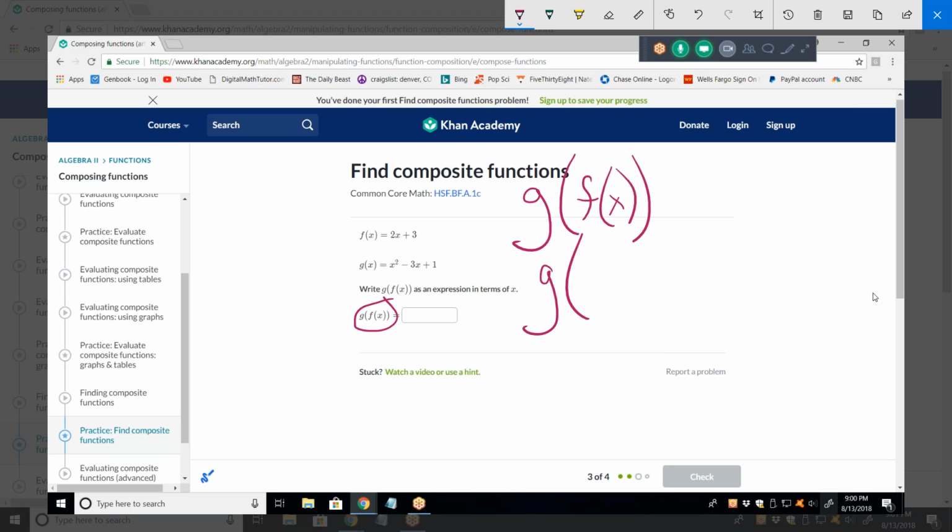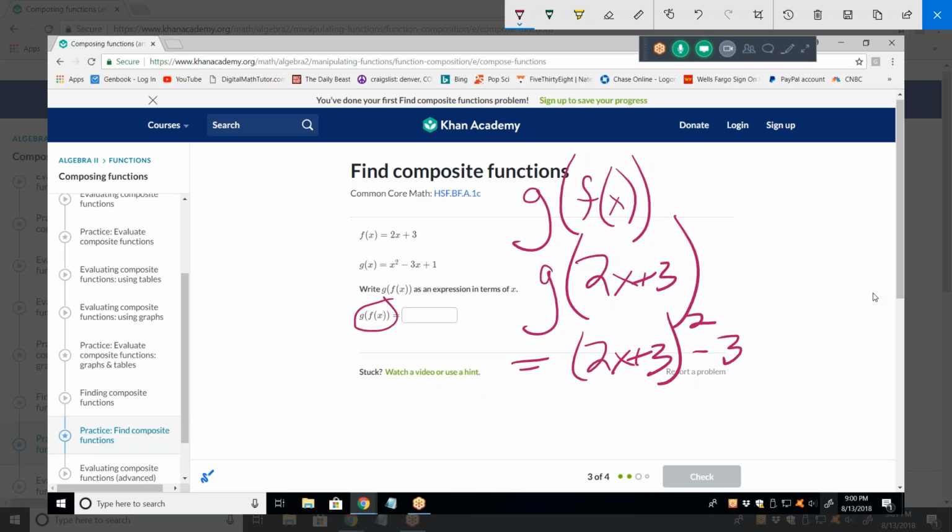So what is this? This is g of 2x plus 3. Tell me the parentheses also. Okay, so parentheses 2x plus 3 squared minus parentheses 3 times 2x.